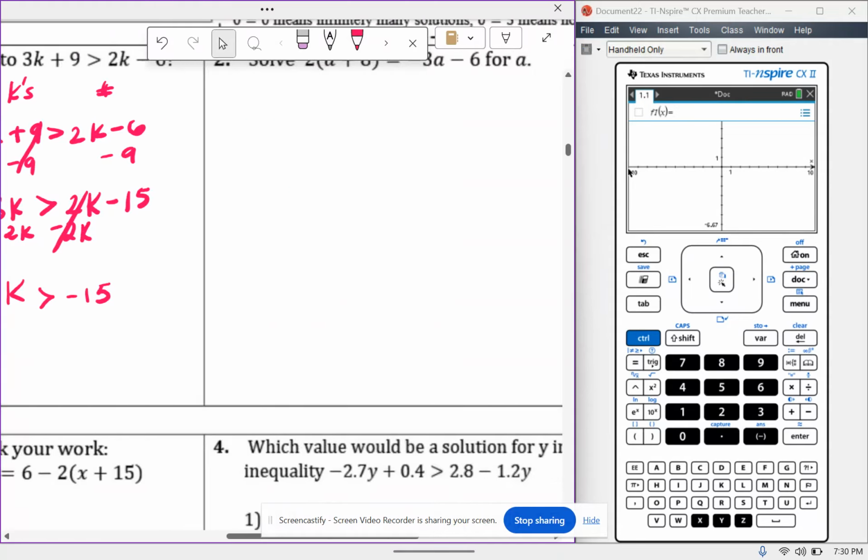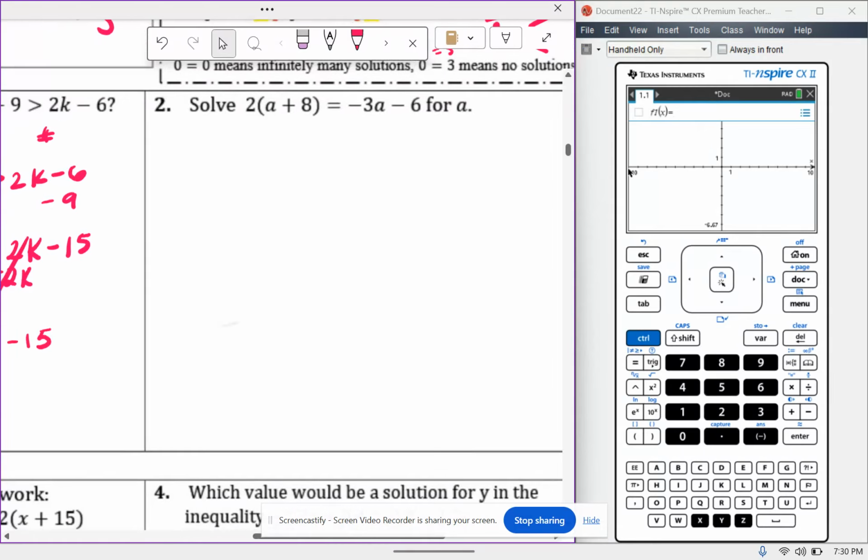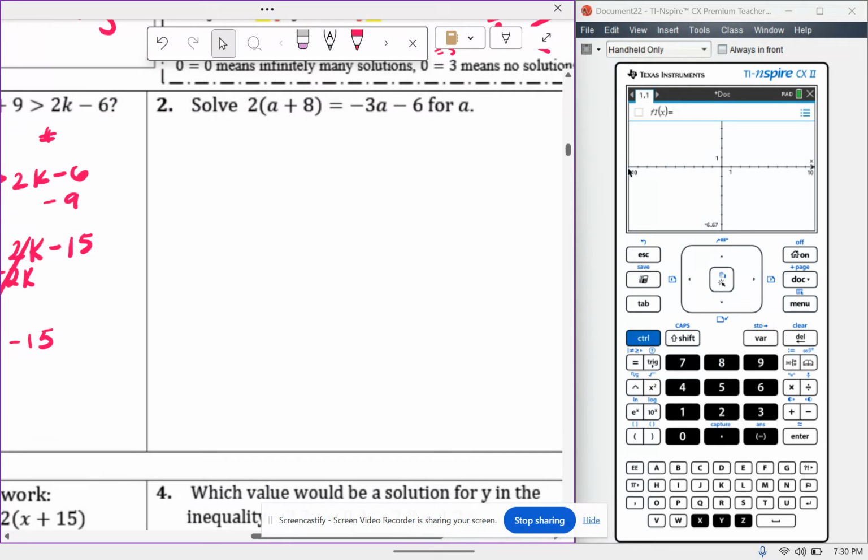Let's go to 2. It says solve 2 times (a plus 8) equals -3a minus 6. So when we solve for a specific variable, remember it tells us that we're getting that variable all by itself on the left-hand side of the equal sign. So I'm going to go ahead and get rid of the groupings or the parentheses here.